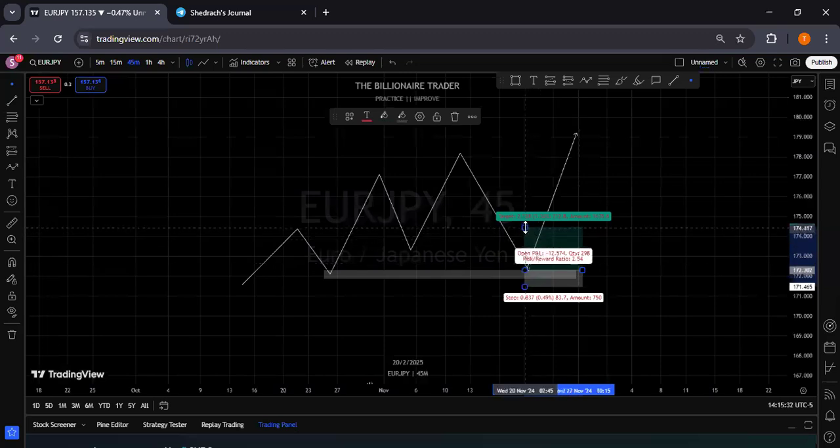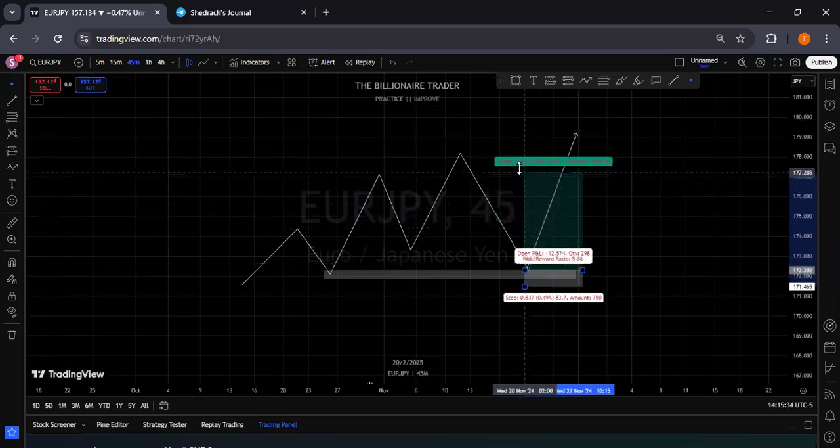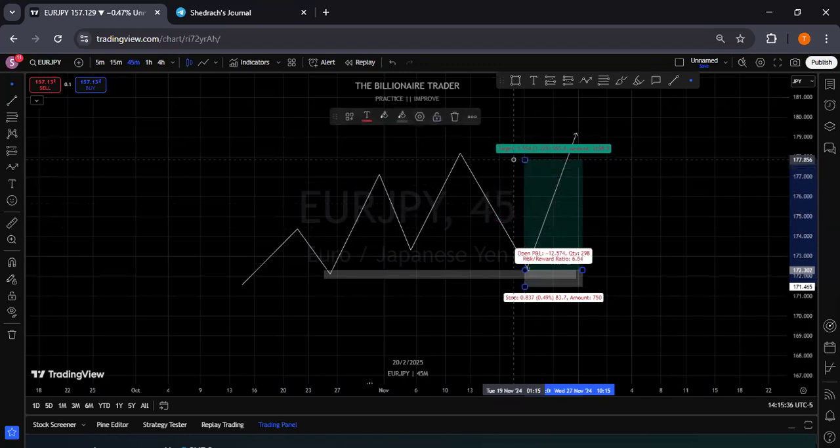And you can decide to just target this high. Once you target this high, you know that the market is going to break the structure. If the market respects this area it is buying from, it is at least supposed to break this structure to the upside.